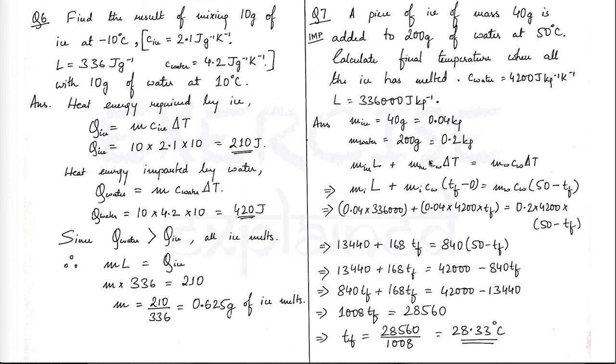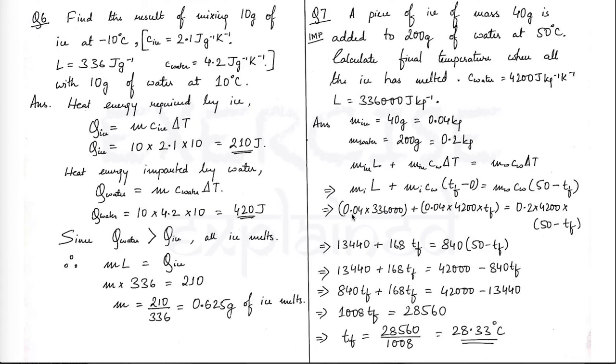So the specific heat capacity value will be for water and delta T will be the final temperature minus 0, because the change in temperature will be final temperature minus 0, is equal to mW Cw delta T. So that is mass of water into specific heat capacity of water into 50 minus Tf, because the difference in temperature is going to be hot body temperature minus final temperature.